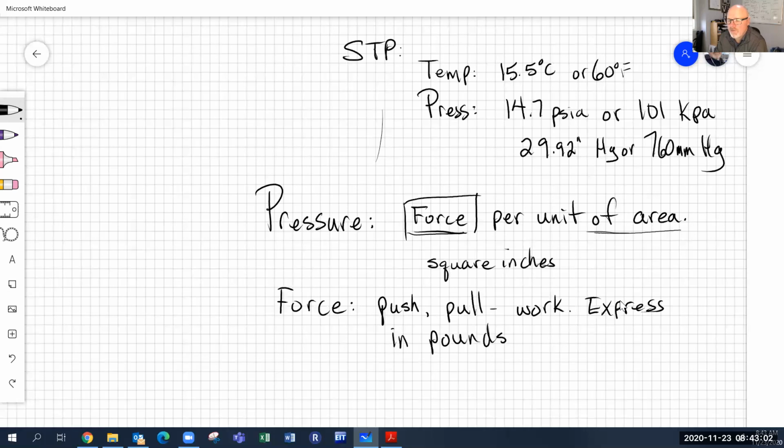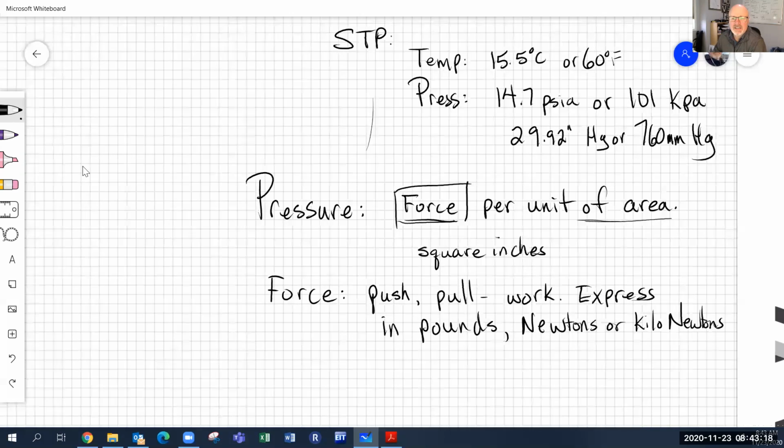We express force in newtons or kilonewtons.